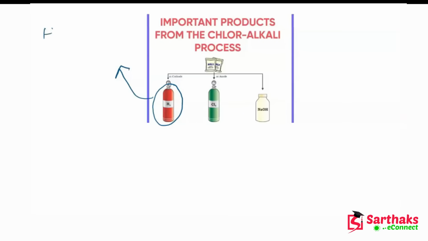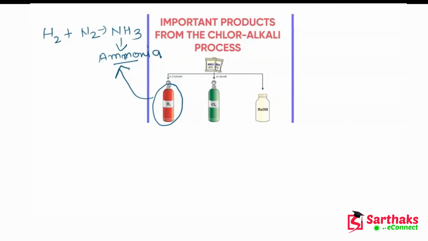If you react this hydrogen with nitrogen gas, then ammonia is formed. This is NH3, which is ammonia, and this ammonia is used as fertilizer.